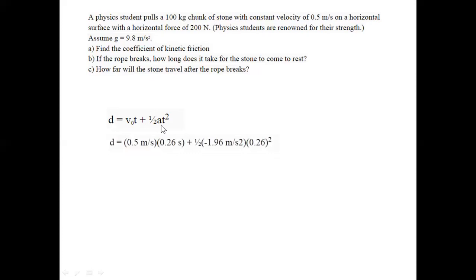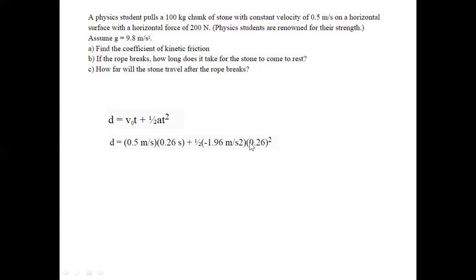All right, substituting the following values gives us the initial velocity, 0.5 meters per second, times the time in letter B at 0.26 seconds, plus half of the solved acceleration in letter B, negative 1.96 meters per second squared, times our time from letter B at 0.26.